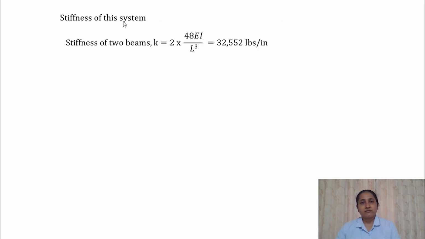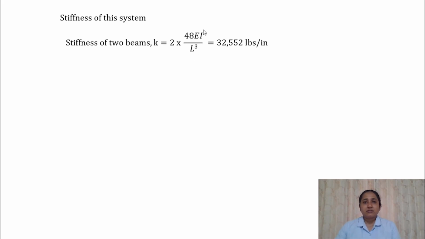The stiffness of the system is equal to the stiffness of the two beams. We have two simply supported beams, and at midspan the stiffness is equal to 48 EI by L cube. You should have studied this in the statics course. If you don't remember this, please refer to your statics notes.